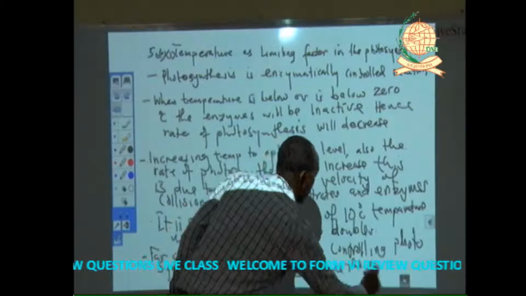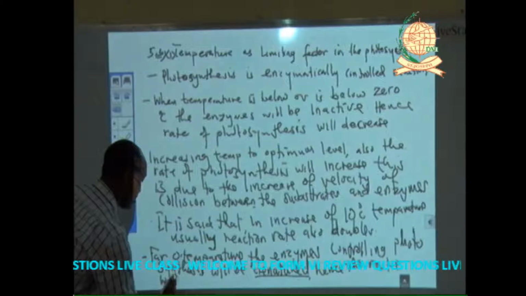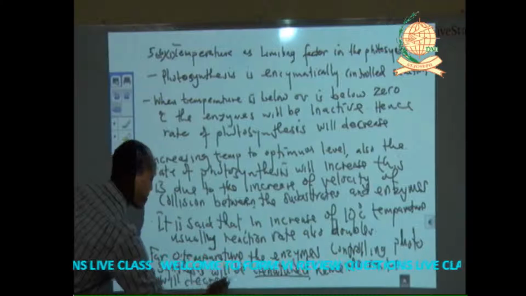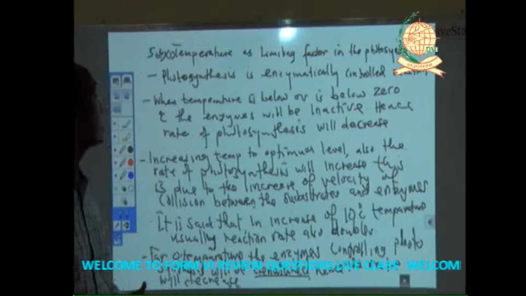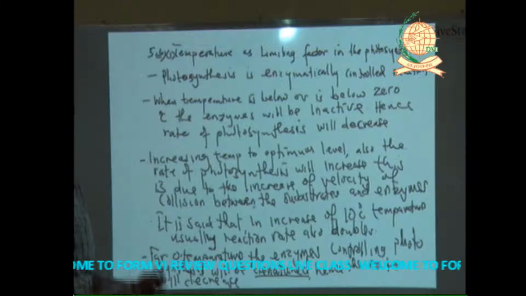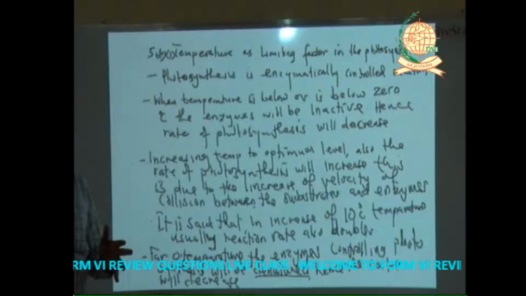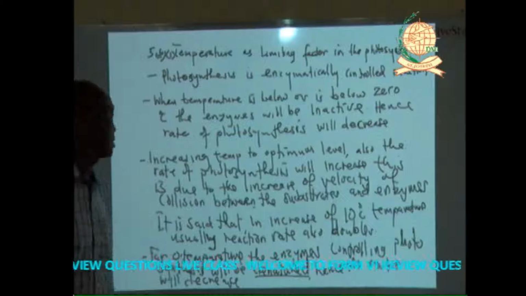That is how to answer how temperature is a limiting factor. Photosynthesis is a controlled reaction. When the temperature is below 0, the enzymes will be inactive, hence the rate will slow down.